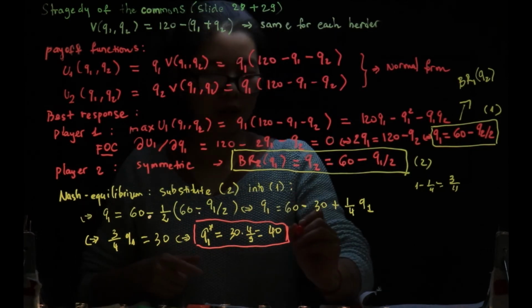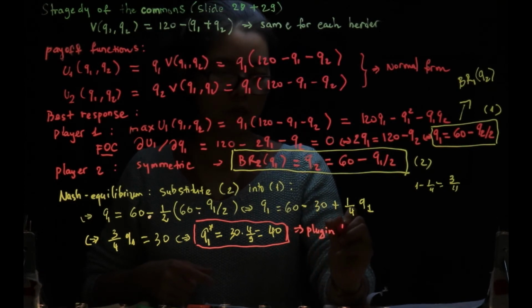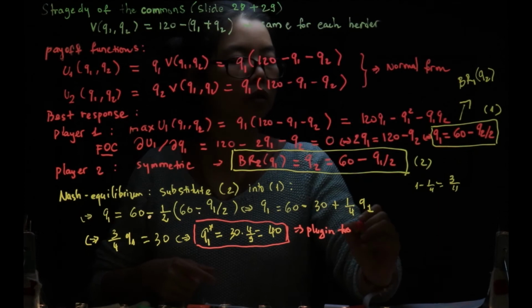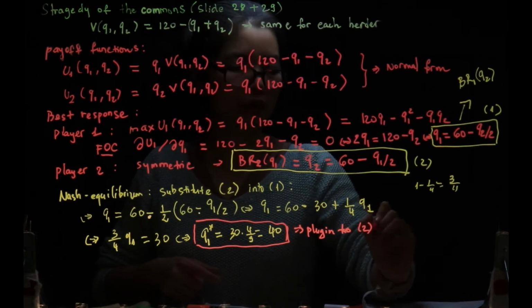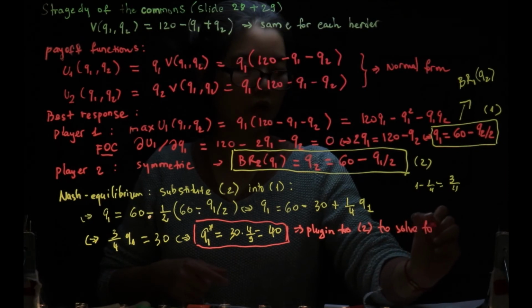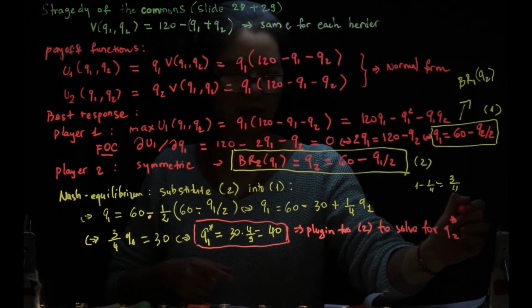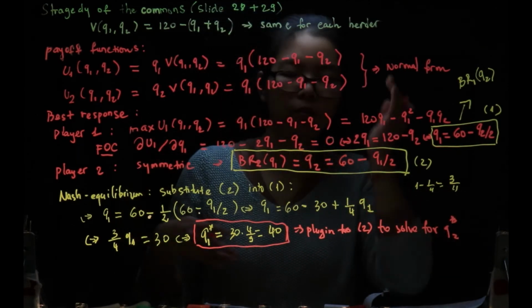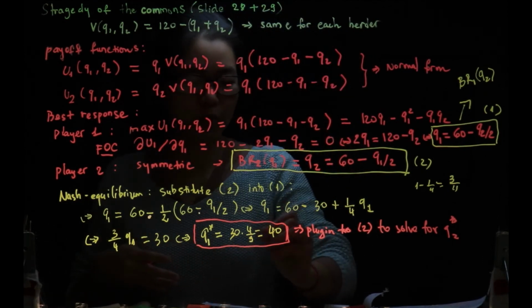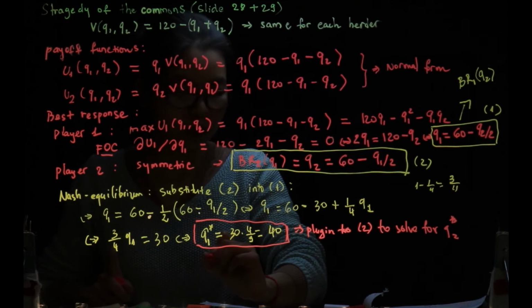Okay, then you plug in to the second equation to solve for q2 star. With the symmetric property, probably some of you know what happens already, but you have to pretend as if you don't know.